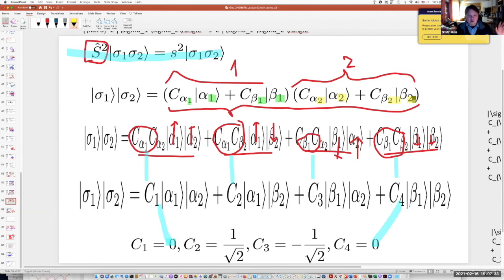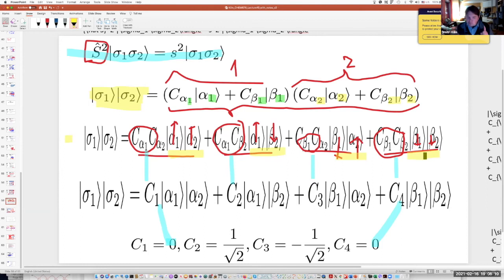But generally, the overall spin wave function should be a product of such single spin wave functions, first and second. If I open the brackets in this expression, then I will see that the result is composed of 4 terms, or we can say 4 basis functions.